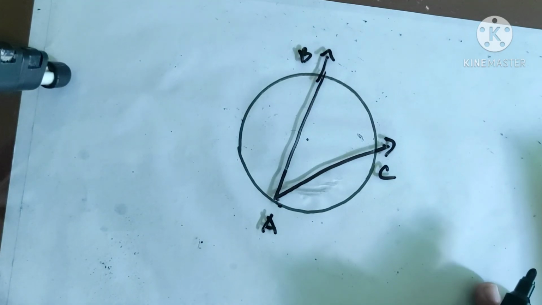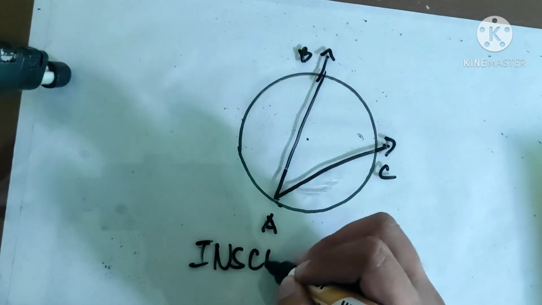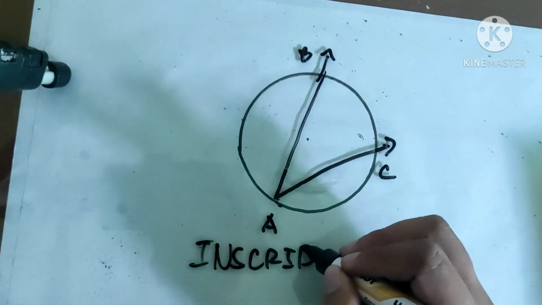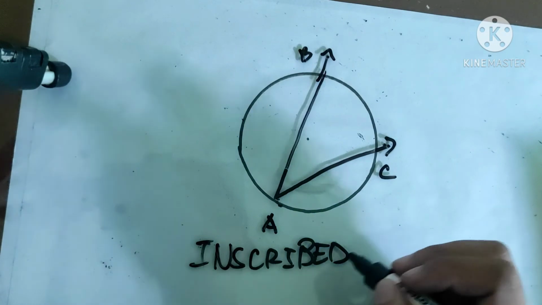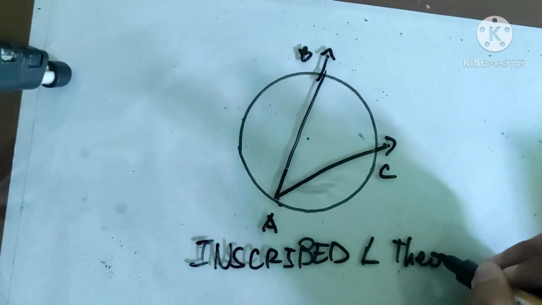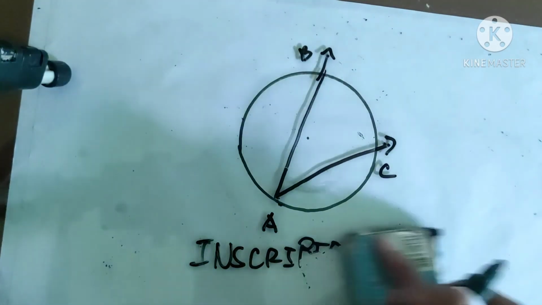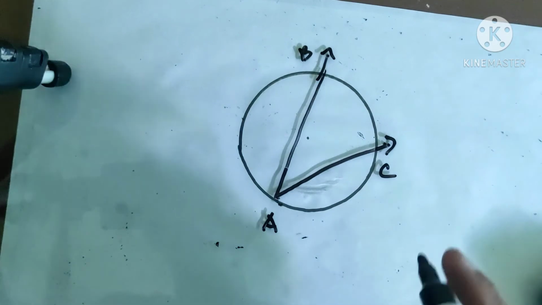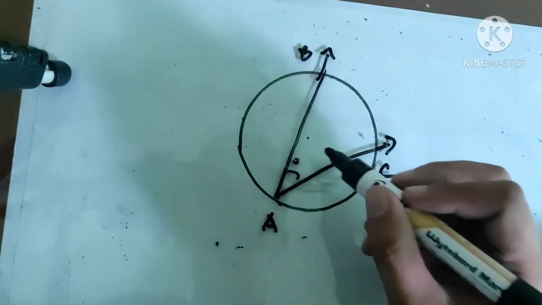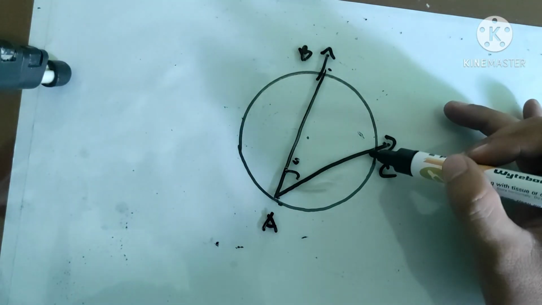So, ang definition ng inscribed angle theorem is the measure of an inscribed angle is 1/2 the measure of its intercepted arc. Okay, so meaning, ang measurement daw ni inscribed angle natin is 1/2 sa measurement ng ating intercepted arc.